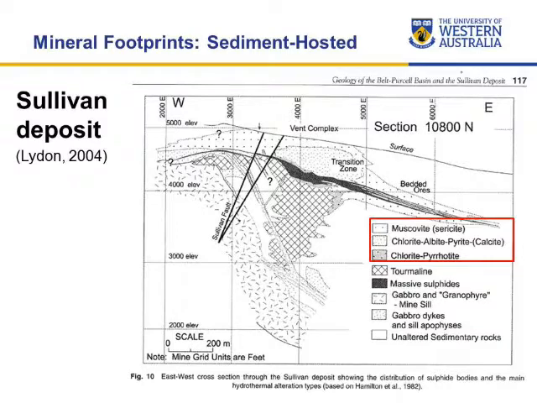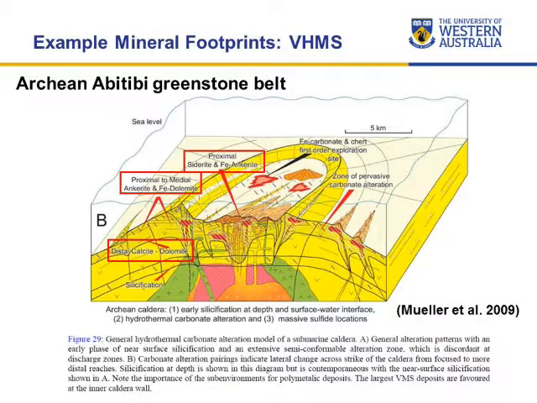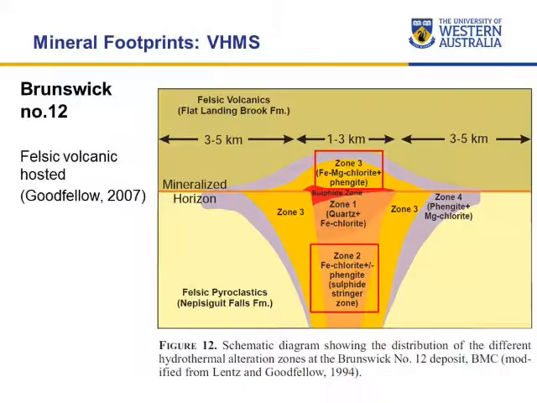And then you have RK and VMS deposits with the proximal siderite and medial ankerite, iron dolomite, and distal dolomite to calcite alteration. Another VMS deposit, New Brunswick number 12, has iron-manganese chlorite, which is an intermediate chlorite composition, and phengite above the deposit, and then iron chlorite in the stringer zone of the deposit.